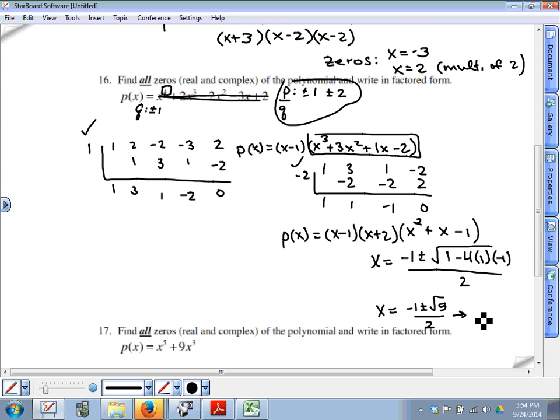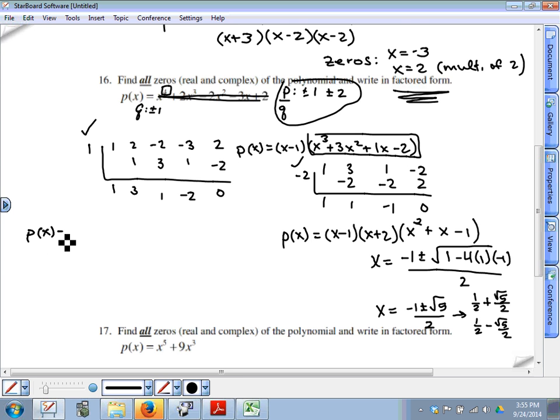So I'm actually going to split this up into 2 different numbers. This is negative 1/2 plus root 5 halves, and it's negative 1/2 minus root 5 halves. And the reason for doing that is it needs to be written in factored form.